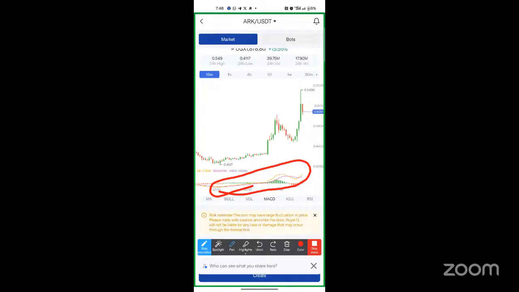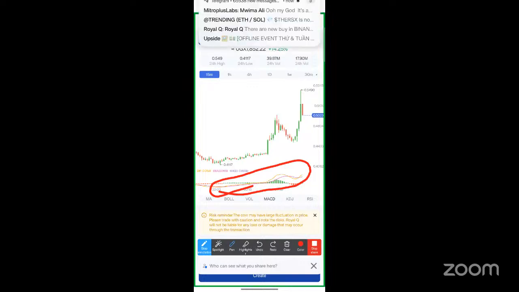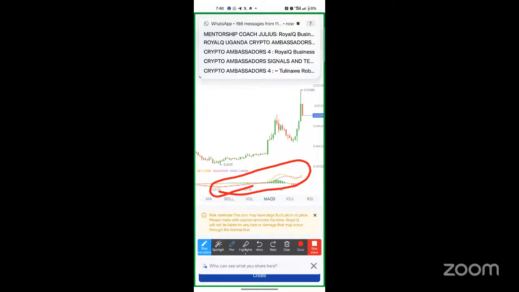I will not dig deep into the indicator because my role of teaching is just to bring understanding, not to complicate the lesson.